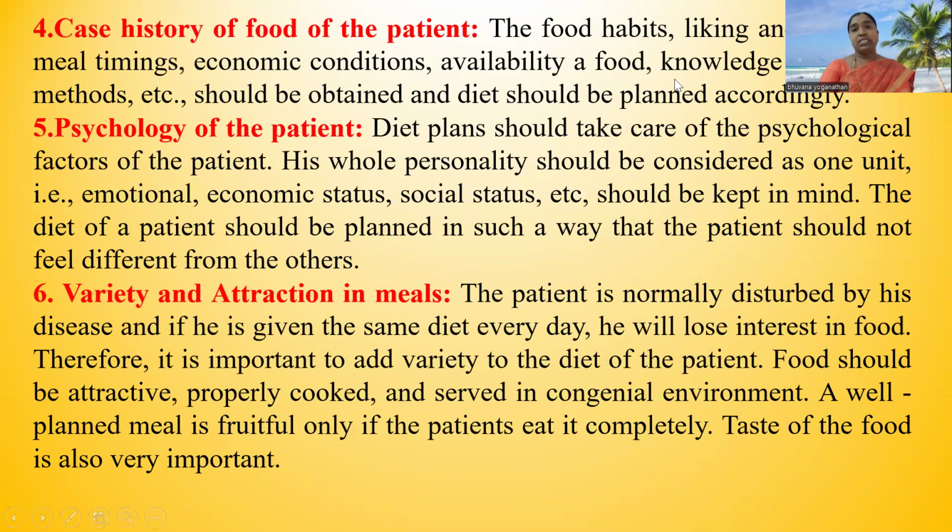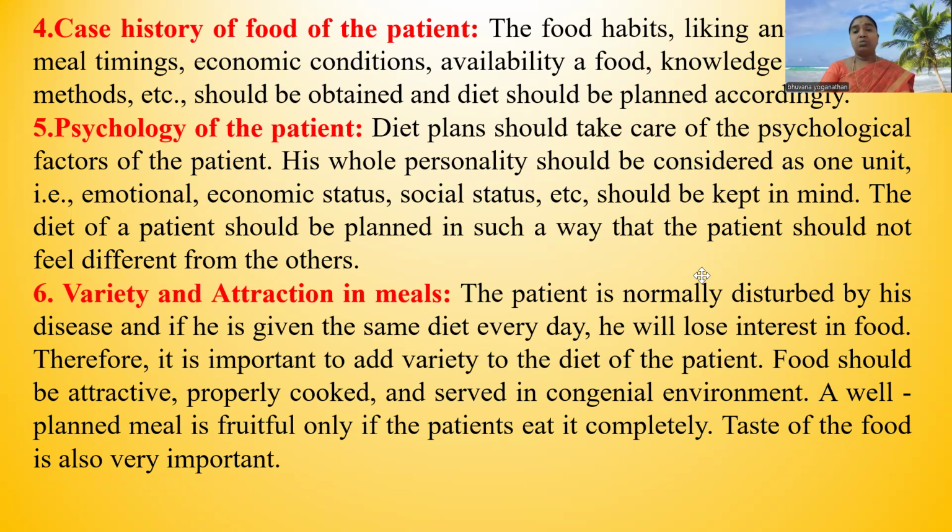One should know the case history of the patient, about their likes, dislikes, meal timing, economic condition, availability of food, and knowledge of cooking method should be obtained, and the diet should be planned accordingly. The psychology of the patient. Diet should be planned by taking care of the psychological factors of the patient.